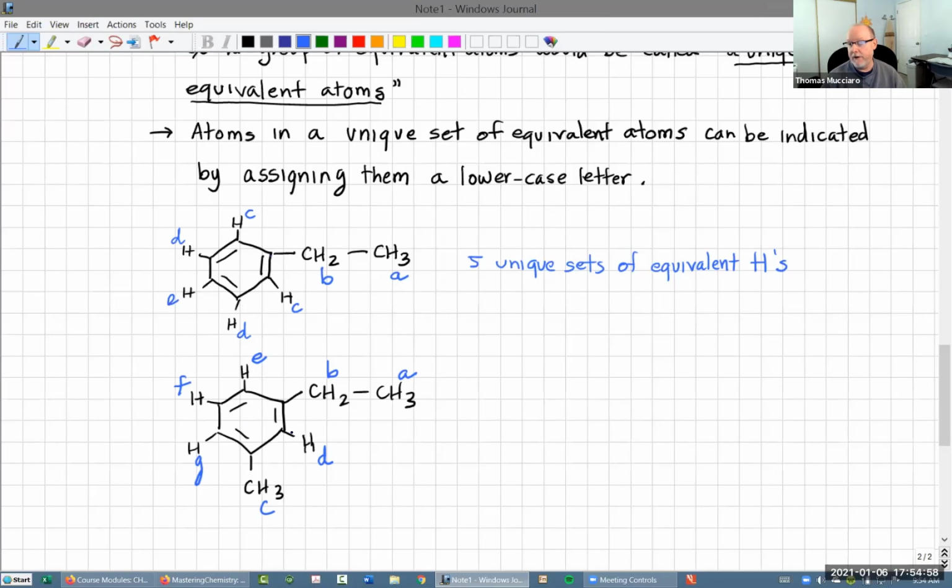NMR instruments have different strengths, and we're going to talk about that again tomorrow. The strength of an NMR instrument: the ones that are weak, the peaks are really fat. And so when you have two that are close together, they sort of broaden into a blob. Does that make sense? So you can have a situation where two signals look just like one really fat one.